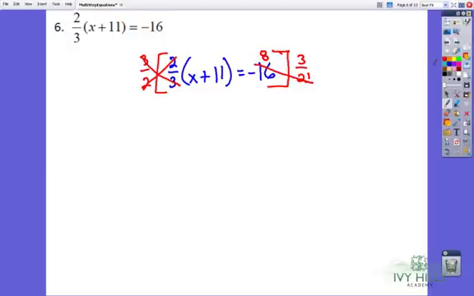That means I'm going to have negative 8 times 3, which is negative 24. And again, I'll just be left with whatever's inside of the parentheses on the left-hand side, because by multiplying by the reciprocal, I've cross-canceled my fraction. If I subtract 11 at this point, I'll be left with x equals negative 35.